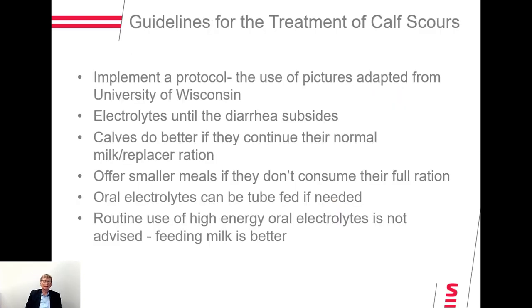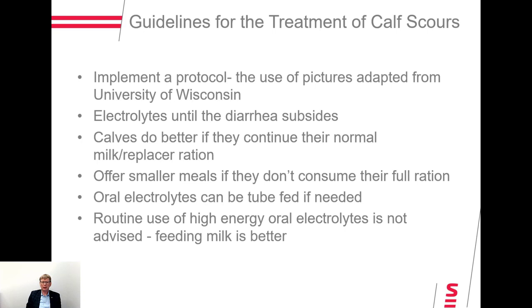For the guidelines for the treatment of calf scours, I would like to send you back to look at the app from the University of Wisconsin. The guidelines are that you use electrolytes until the diarrhea subsides. The calves certainly do better if they continue their normal milk or milk replacer ration.